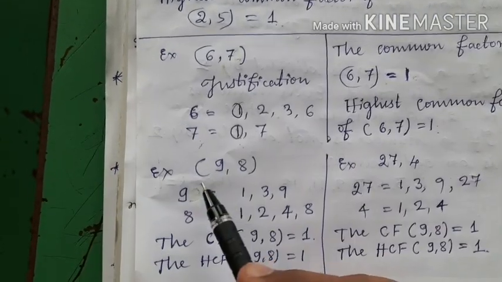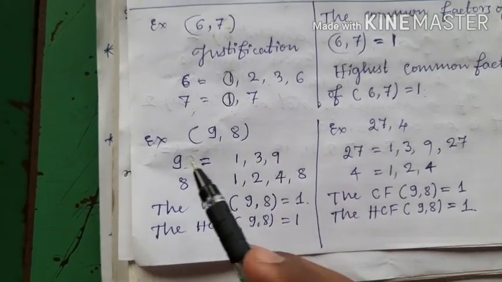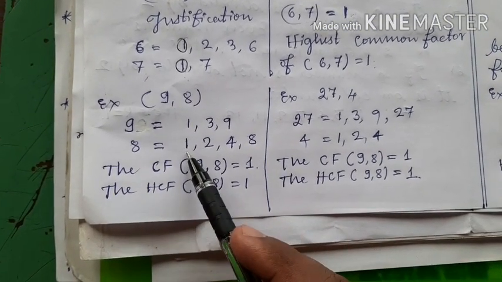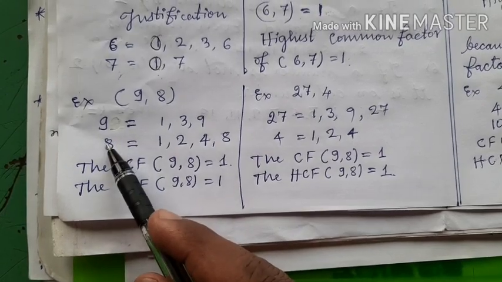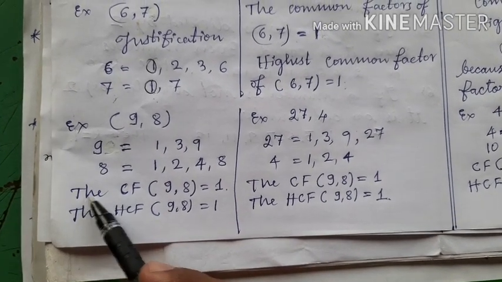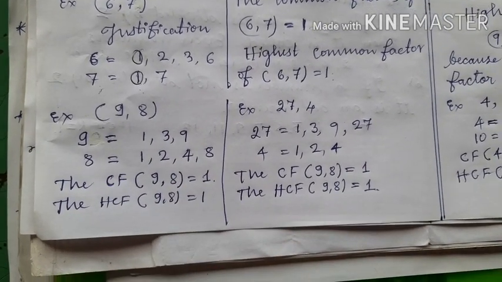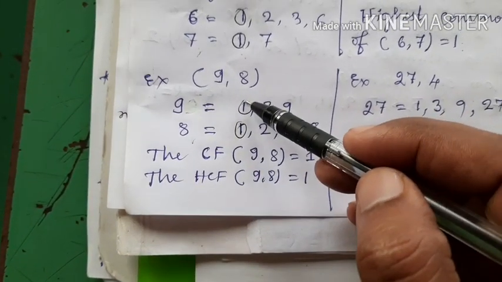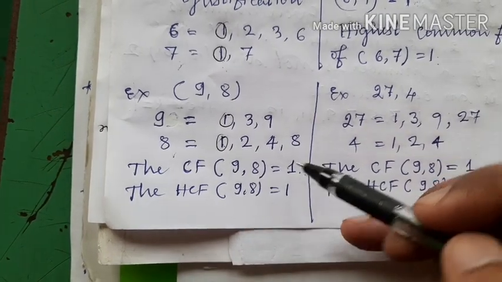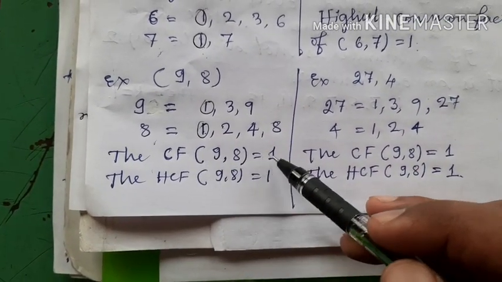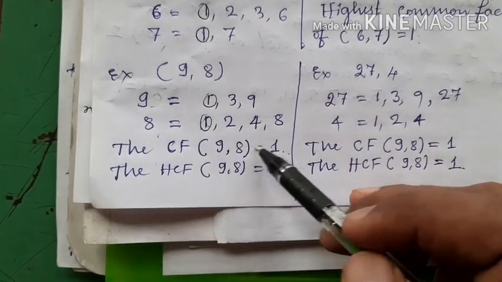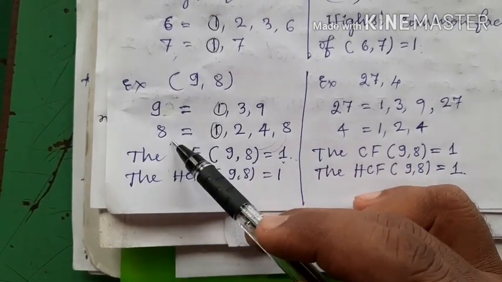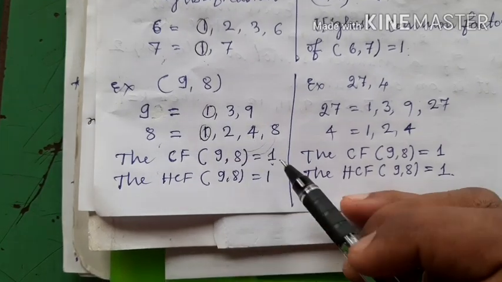Take the example of 9 and 8. 1, 3, 9 are the factors of 9. 1, 2, 4, 8 are the factors of 8. And what are the common factors of 9 and 8? The common factor of 9 and 8 is 1 only.